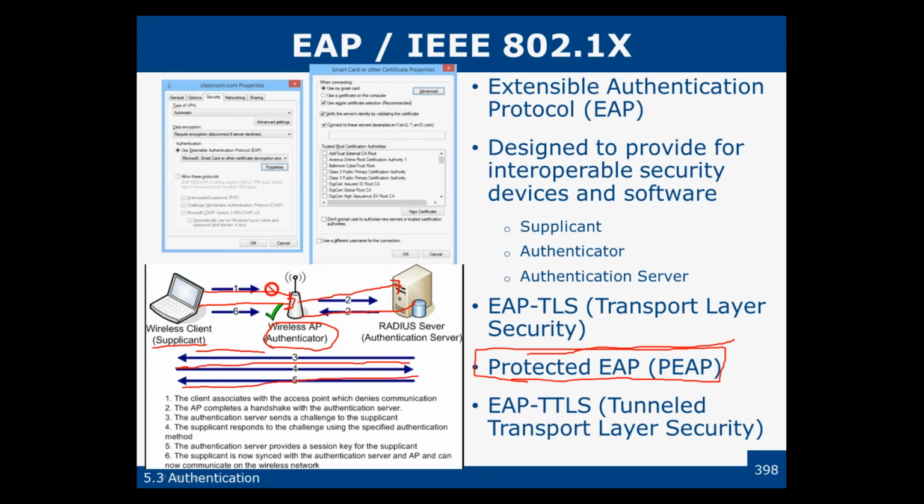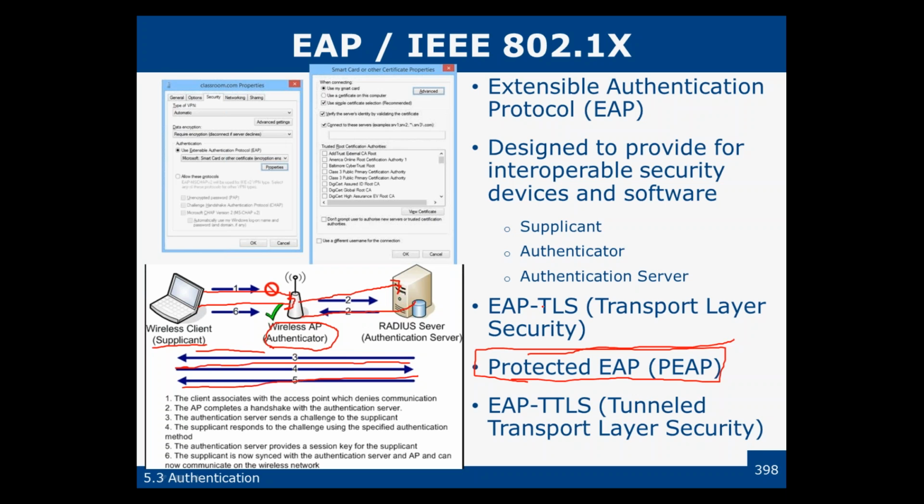And there are two different versions of PEAP. PEAP version 0 uses Microsoft CHAP v2, and version 1 uses the generic token card, which is Cisco's implementation of this. PEAP is supported by Microsoft.